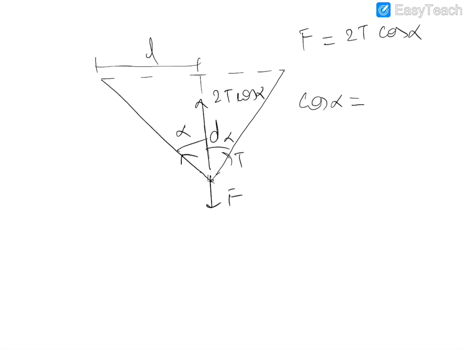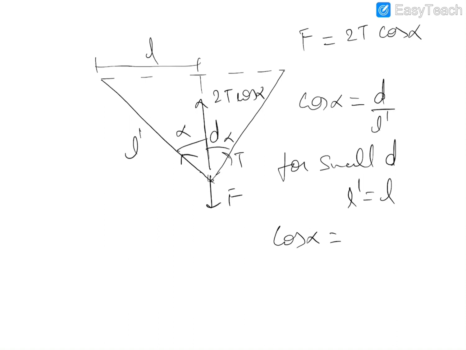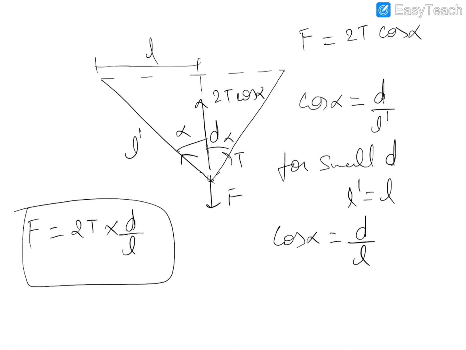The base of this triangle is D and the hypotenuse is L dash, and for small D, L dash is approximately equal to L. So cos alpha can be written as D by L. So F will be equal to 2T into D by L. You can see that D is very, very small compared to L. Therefore, F is very small compared to T. This is the comparison of F with T. Now we move on to the next question.